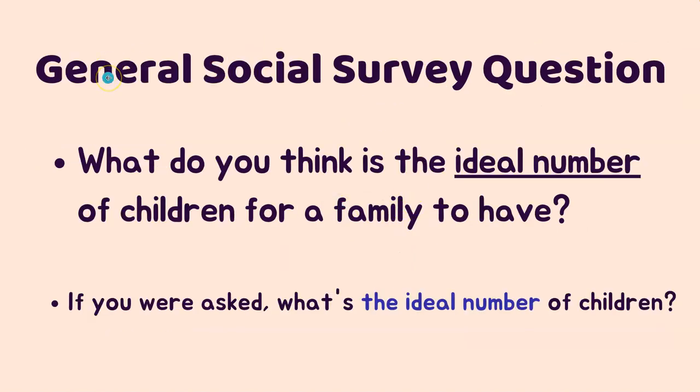There is very big data in the United States, what we call the General Social Survey. There is a long-standing question asking, what do you think is the ideal number of children for your family to have? In case you will form a family in the future, or if you already formed a family in your life, what would be the ideal number of children?